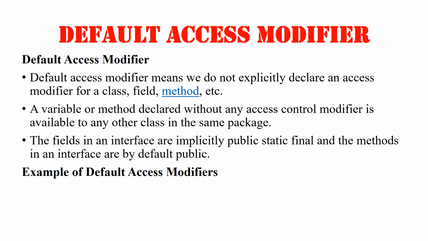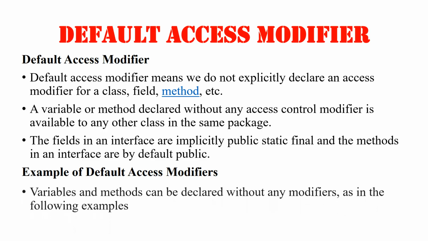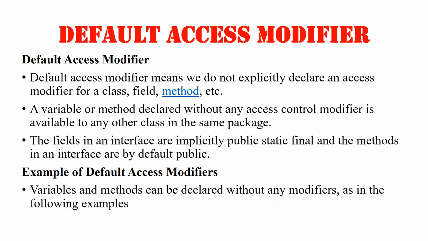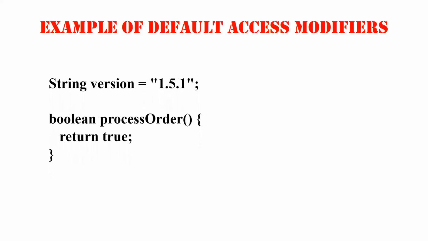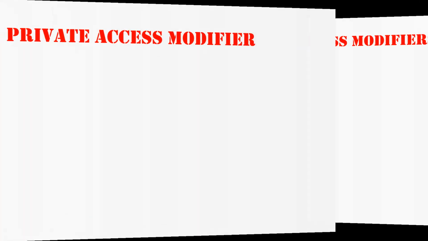Then you have examples of default access modifiers. Variables and methods can be declared without any modifier, as in the following examples. Let's look at this example. You have mentioned a string version, then you are using a boolean to return a value, returning true.